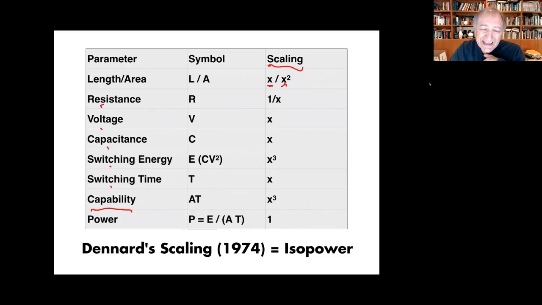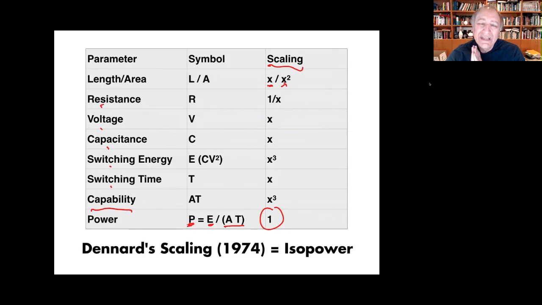In some sense, that's the amount of compute power you have, because the bigger your area, the more transistors you have, and the faster you switch, the more calculations you can do per second. If you divide the power used by the chip, which is the energy divided by this capability, Dennard's law said that was 1, which is an amazing fact.